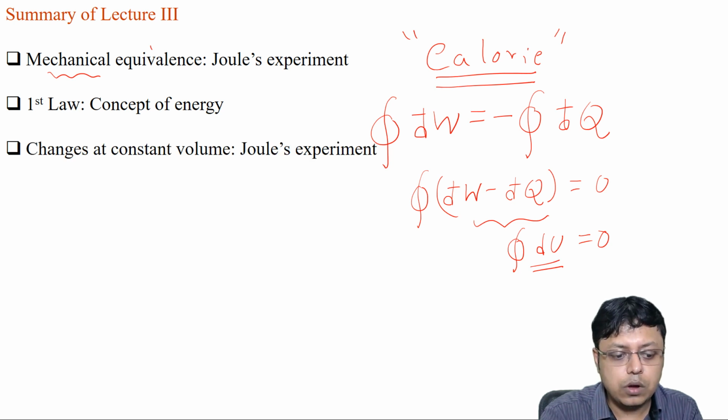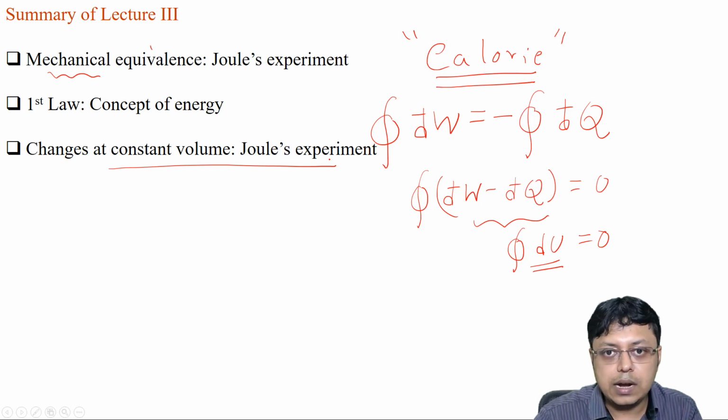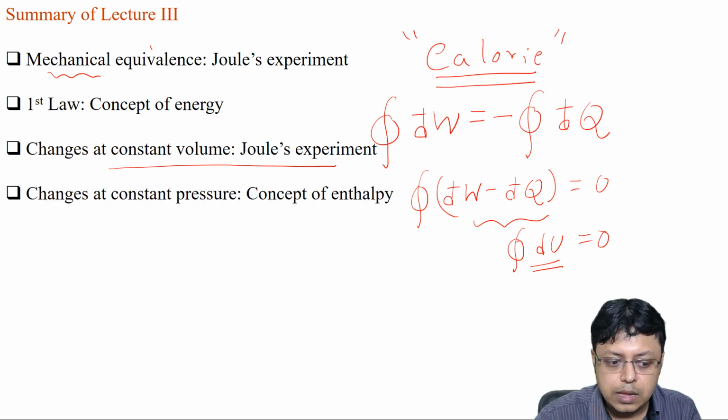And then we talked about changes at constant volume, which was carried out by Joule in an experiment, and he found that for gases (del U/del V) at constant T is 0, which is not actually 0 for real gases. For ideal gases it is 0, and we just gave a molecular picture for why it is 0. And then we also considered the changes at constant pressure.